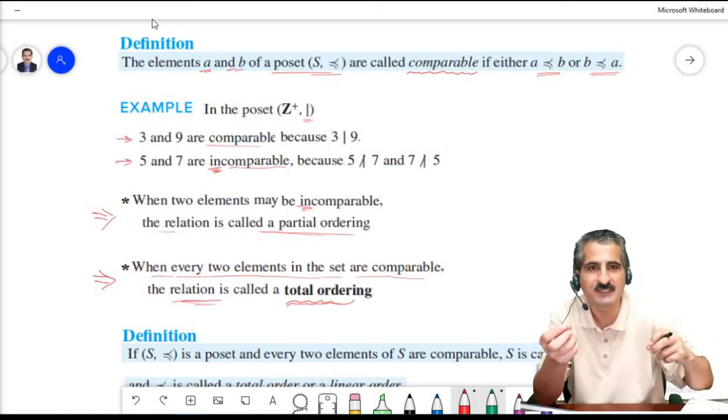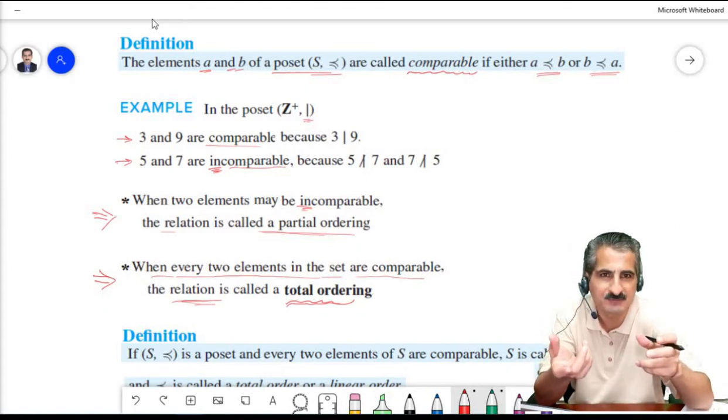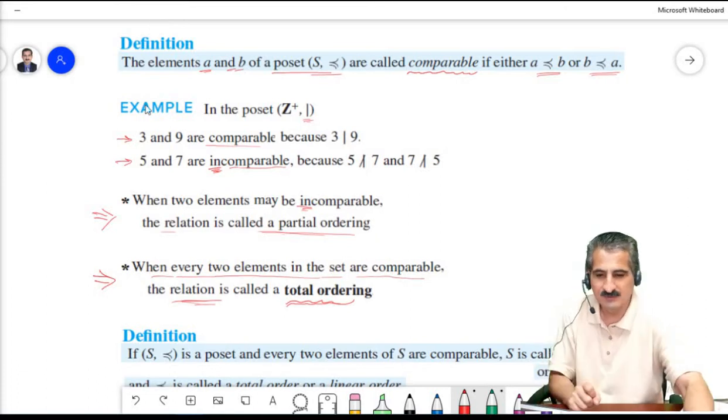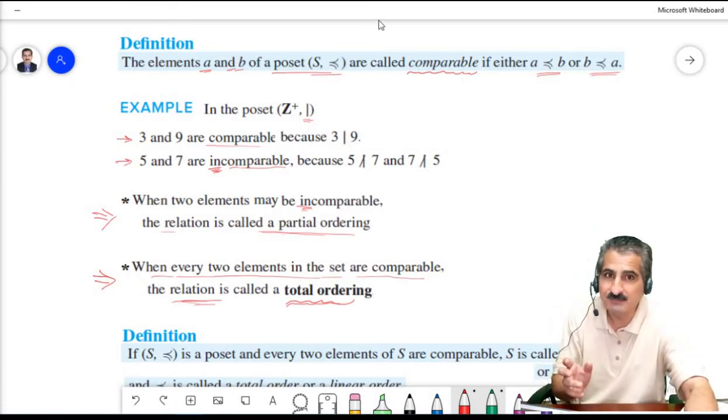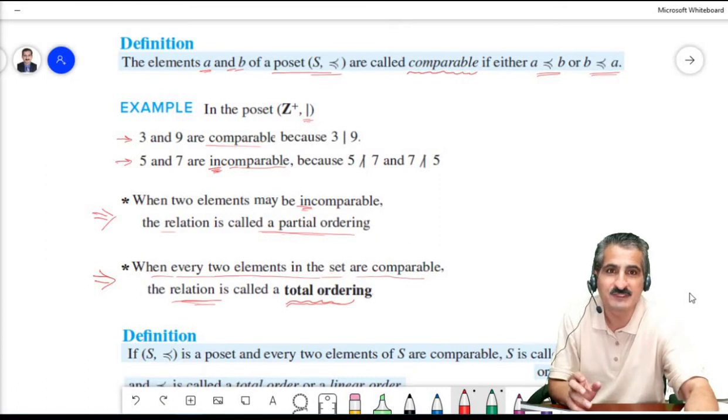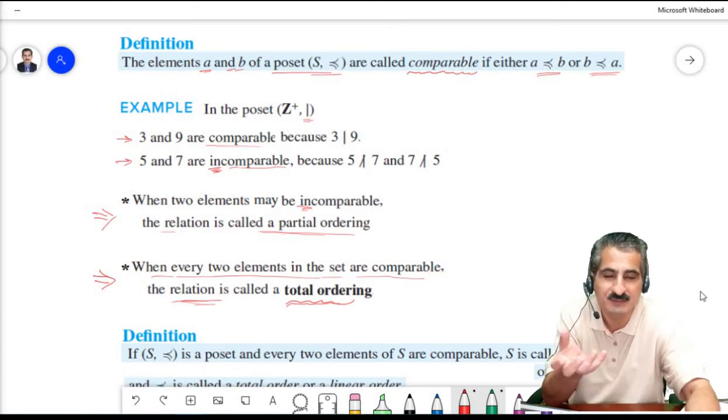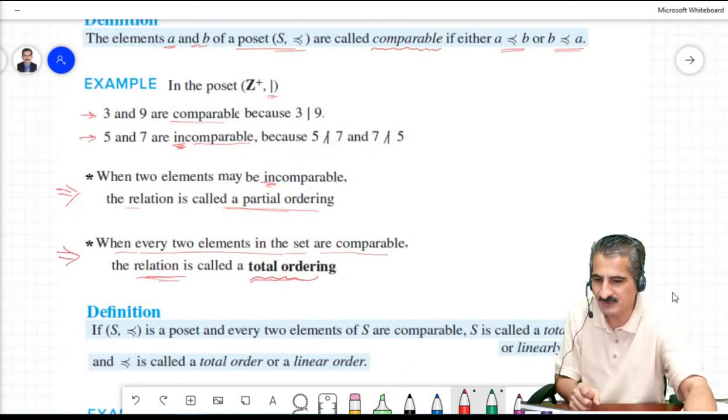Given any two elements, we can decide which one comes first and which one comes after. That's a total ordering. This is different than partial ordering, where we might have two elements and not know which one comes first and which one comes after.